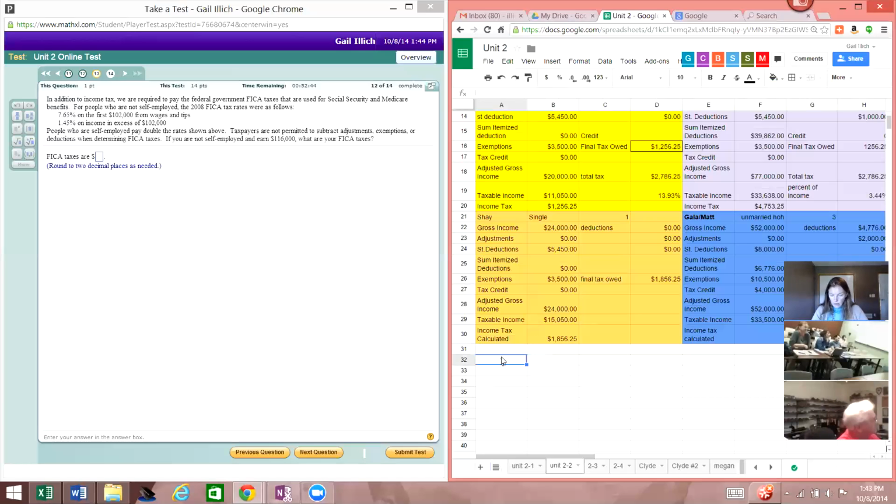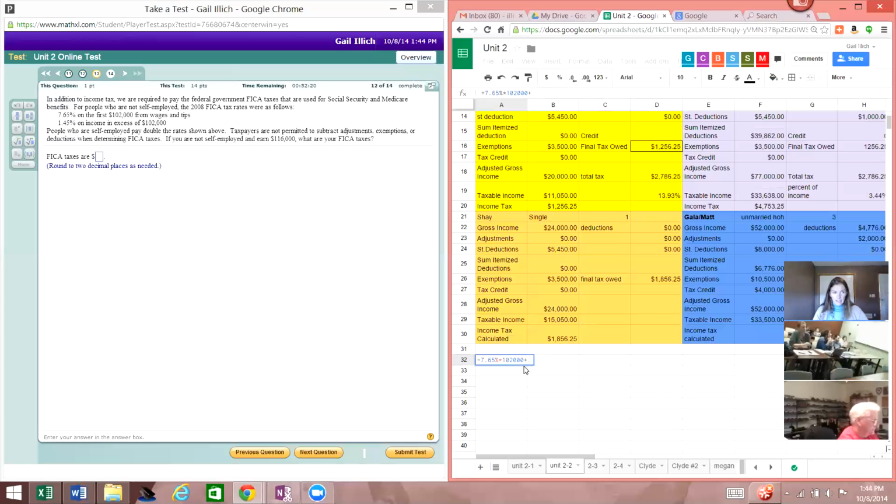You're going to do an equal sign, and you have 102,000 that's taxed at 7.65%. So 7.65 and the percent sign, and then times. In this case, this individual made $116,000. So they're going to have the complete 102,000 taxed at 7.65%.